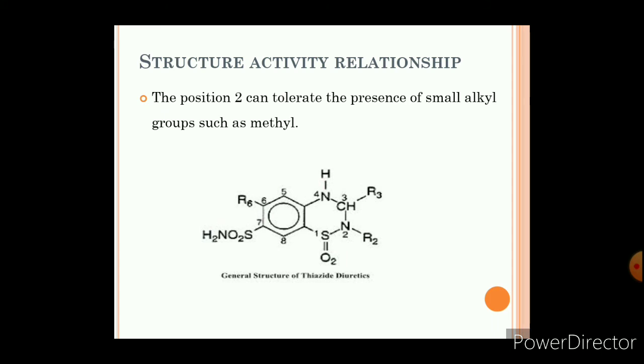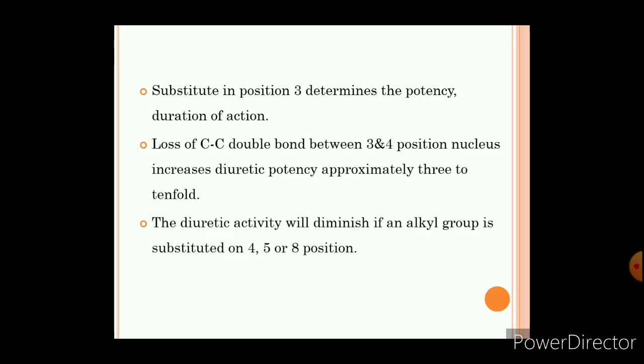The second position can tolerate the presence of small alkyl groups such as methyl and ethyl; the substitution must be a small group, and it gives potent activity. Then the next point is that substitution at the third position determines the potency and duration of action.